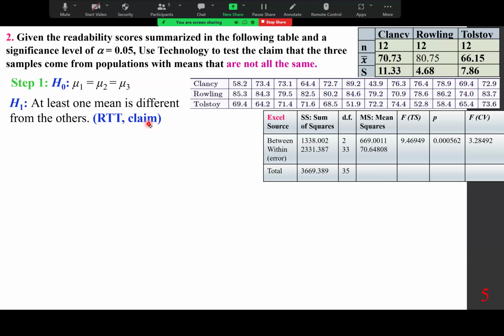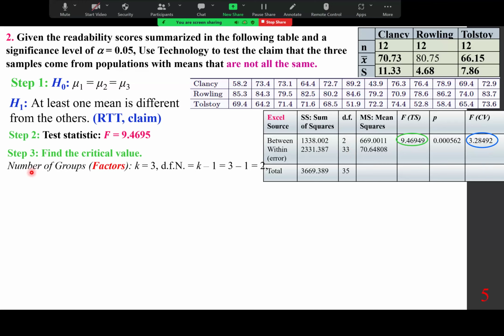And so the next one is the test statistic, and the test statistic is given right here, F is 9.4695. The next one, we need the critical value. The critical value is given if you were to use just a table. Degrees of freedom of the numerator is 2, the denominator is 33.